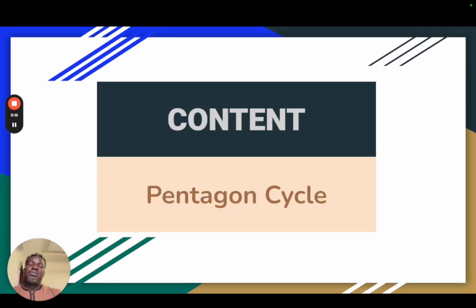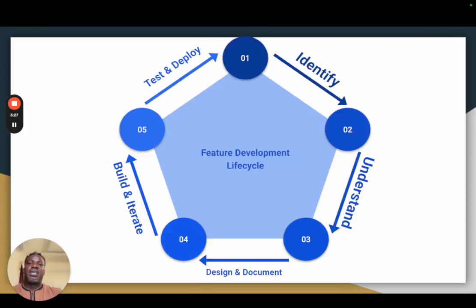How will the content be delivered? We are looking to embrace what I call the Pentagon cycle. The Pentagon cycle is a set of 5 steps that defines the feature development lifecycle. And you can see that we have the identify stage.